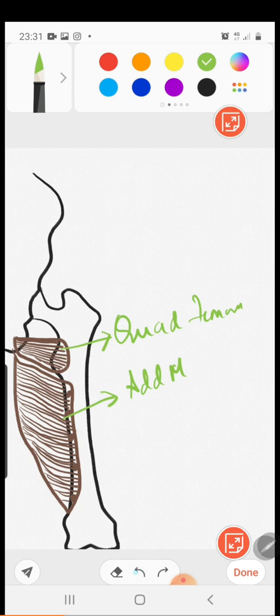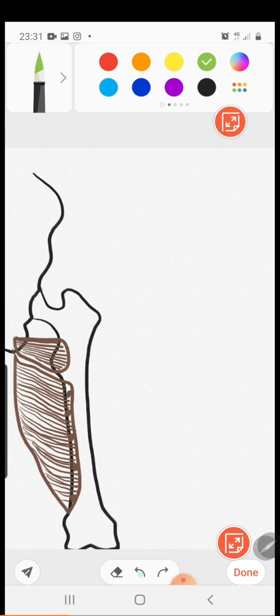Now this adductor magnus is a muscle of both the medial compartment and posterior compartment of the thigh. In the adductor magnus, there are 5 openings. The fifth opening is the largest and it is called the adductor hiatus. Through the adductor hiatus, the femoral artery continues as the popliteal artery.